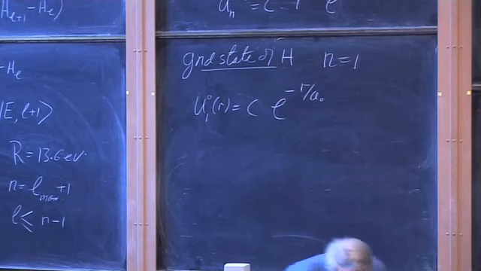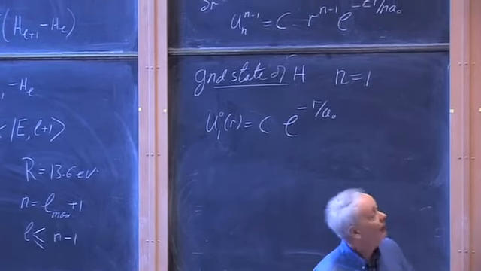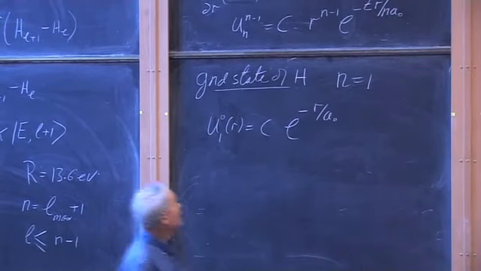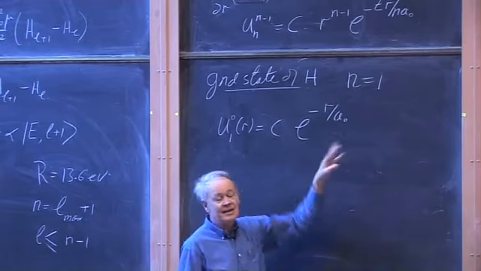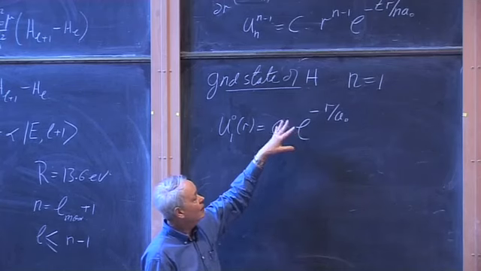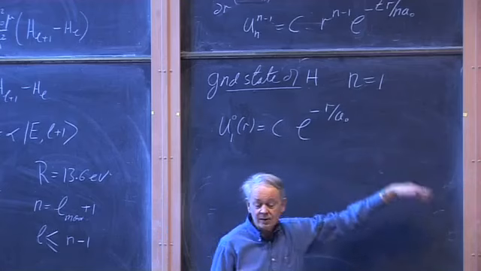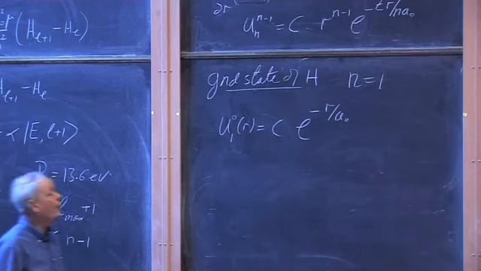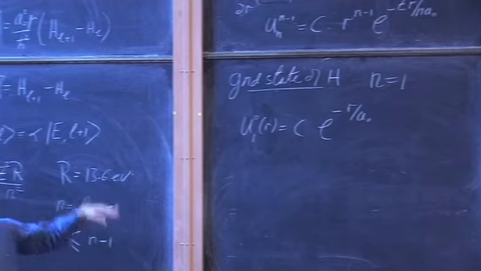What else was I going to say about this? Yeah. One interesting thing, given that beautiful exponential, is that this thing is never 0. The ground state wave function has non-zero modulus all the way to r equals infinity, although the particle is classically forbidden to go beyond a certain radius.